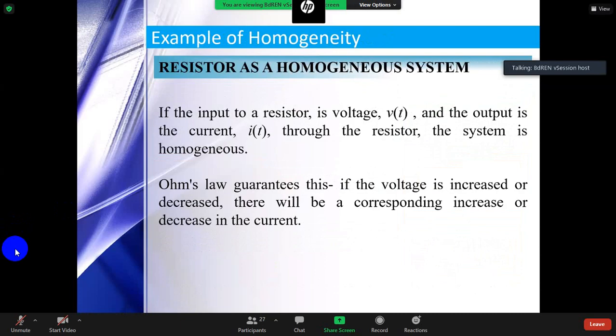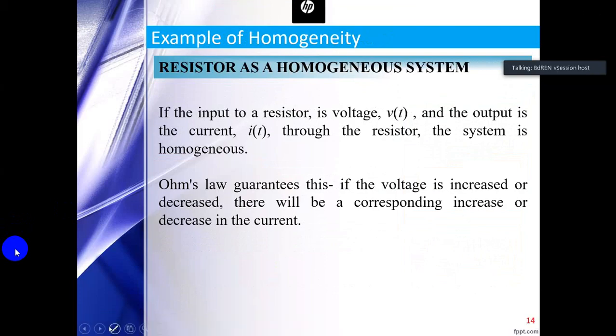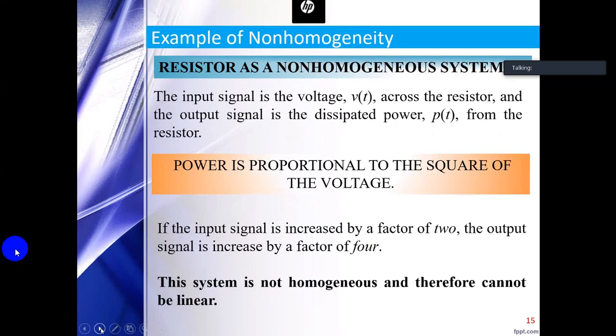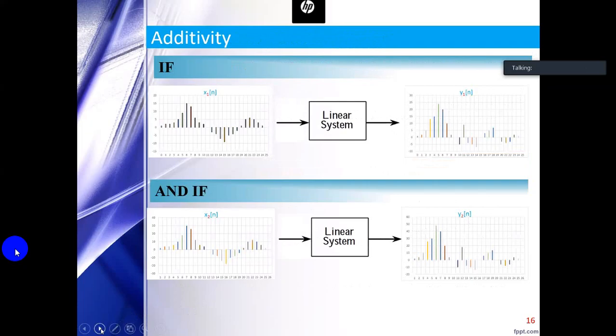So we discussed linearity, examples of linearity and non-linearity. Now regarding the property of additivity, on this slide you can see two examples.